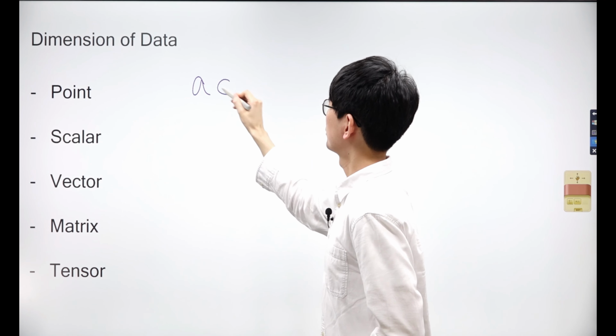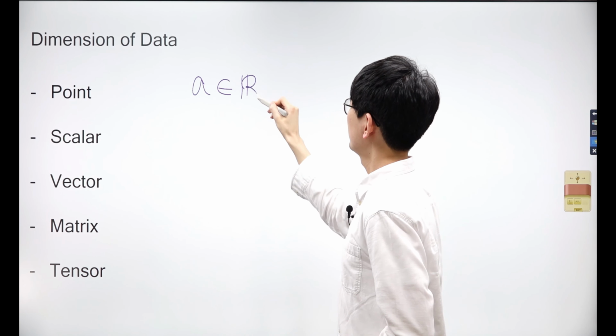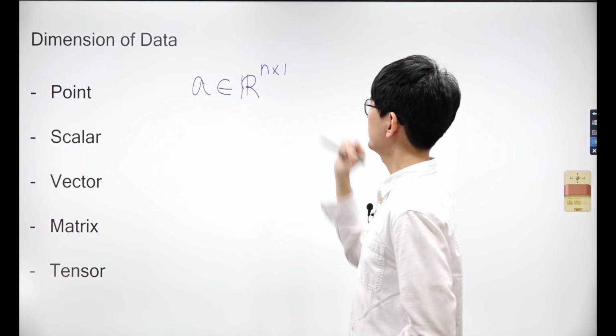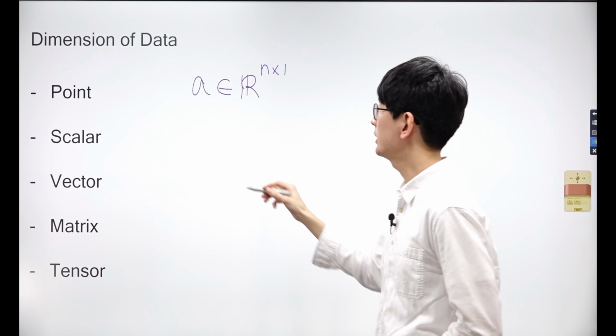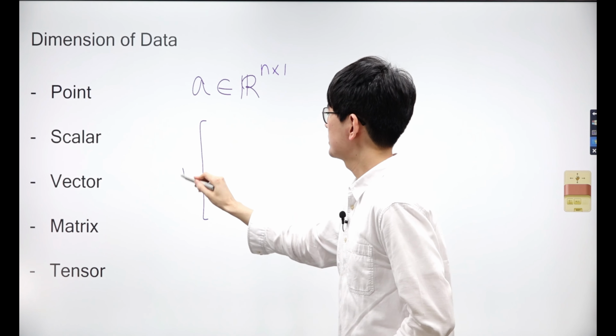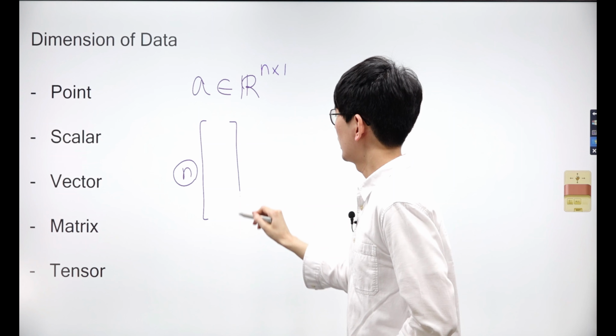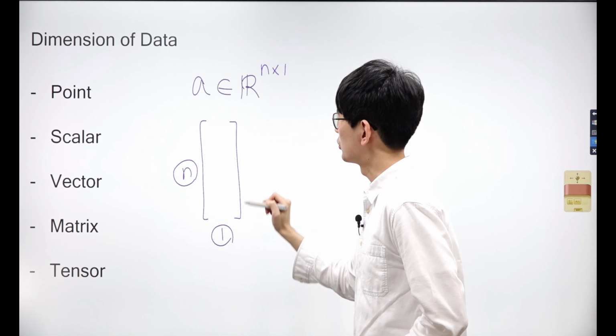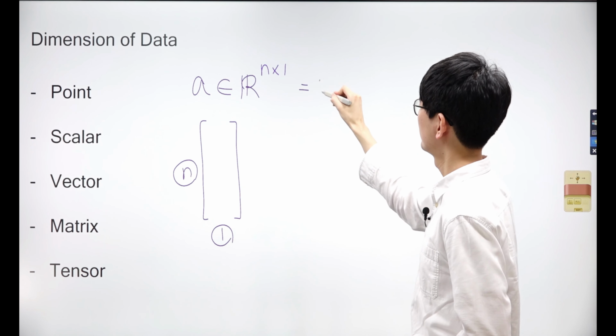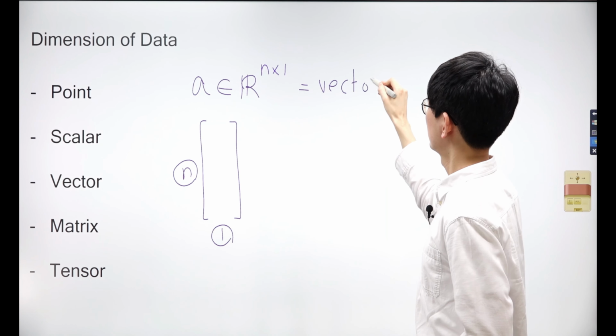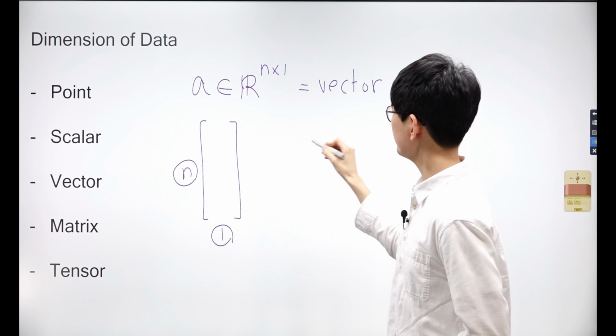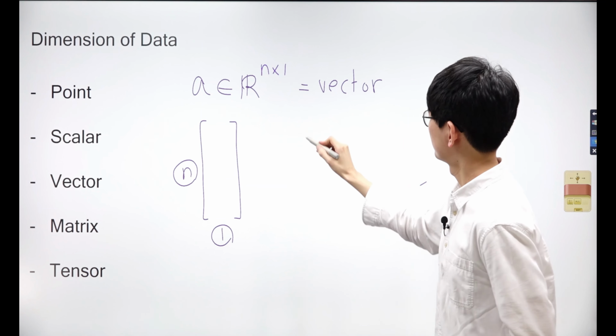If we have data from n by 1 matrices, what does it mean? The vertical length of the data is n, and the horizontal length of the data is 1. Thus, it's a vector. What if our data is from 1 by n matrices?